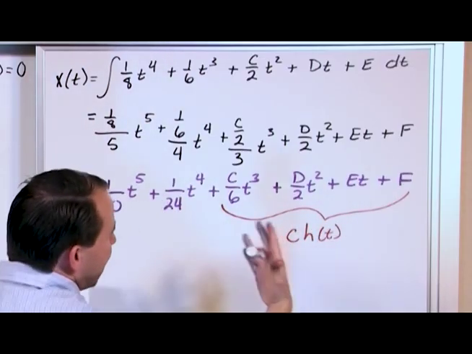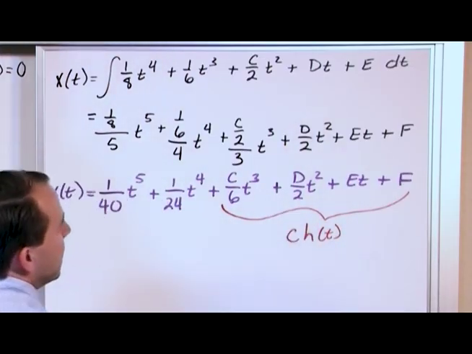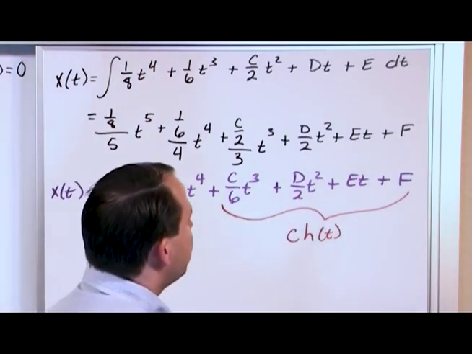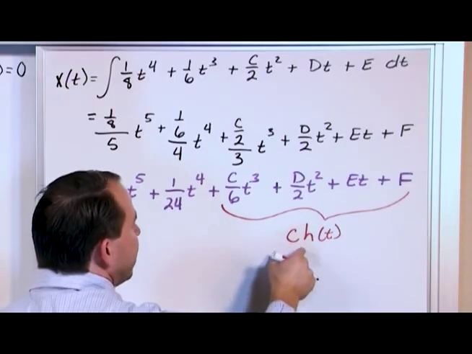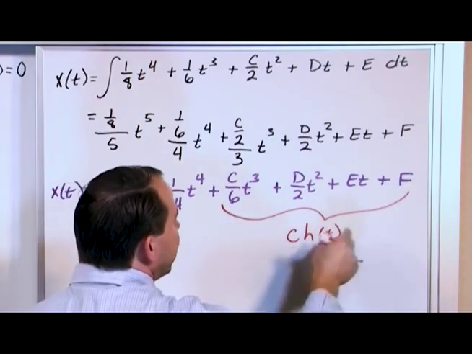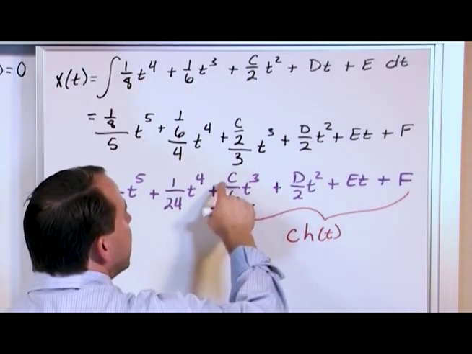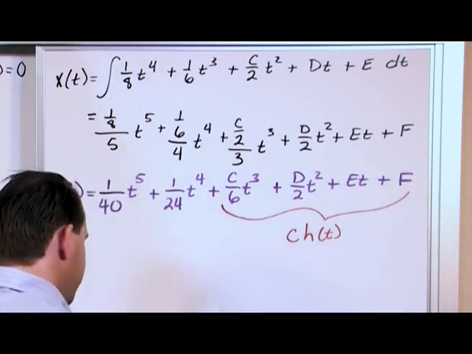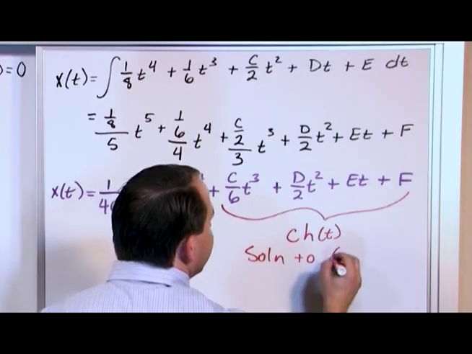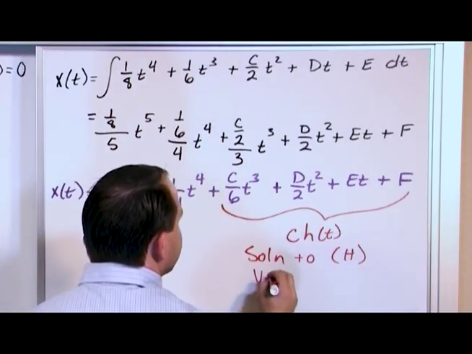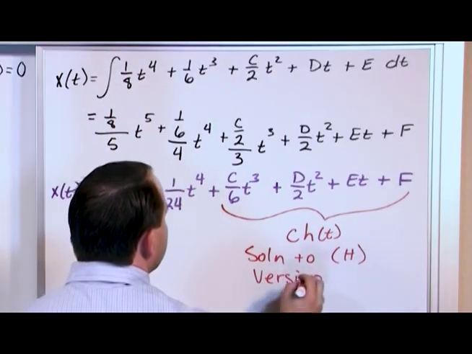C means constant, h of t means everything else, the functions of time that we have. So it's not literally telling you it's just the constant c.